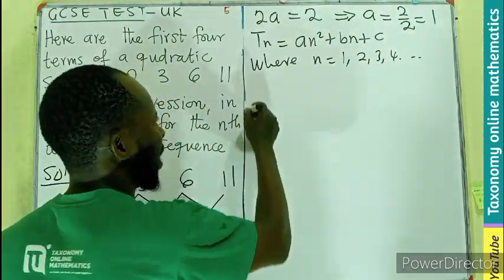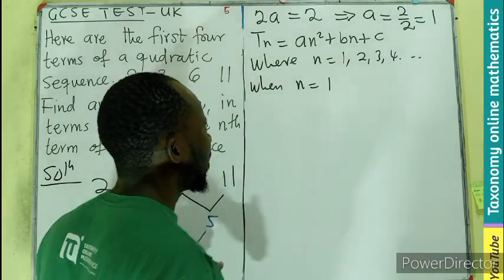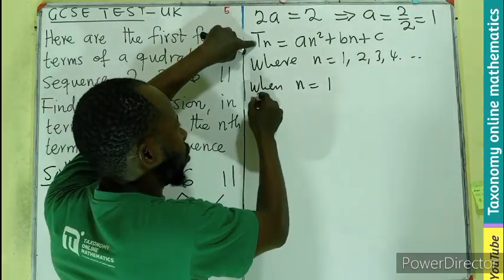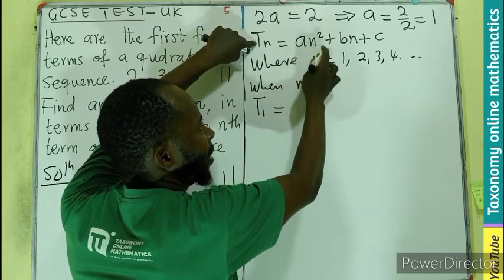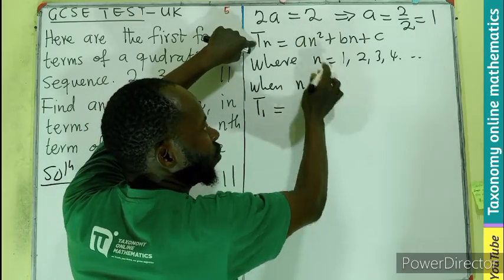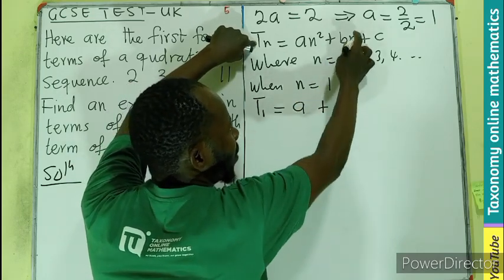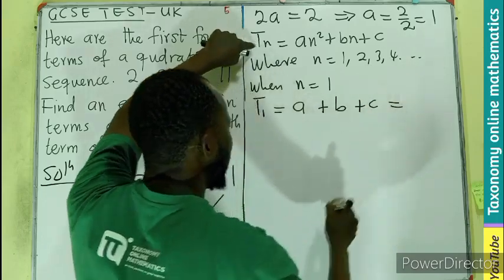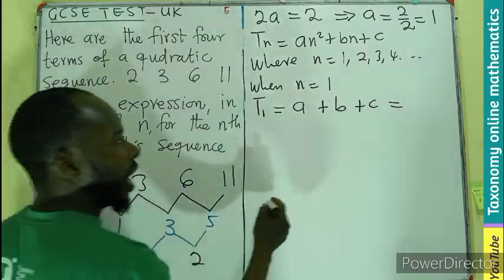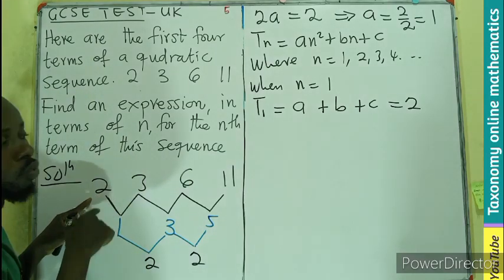So when n is equal to 1, t1 will be equal to a times n squared, which is 1 squared, which will still give us a, plus 1 times b, plus c. This equals the first term, which is 2.